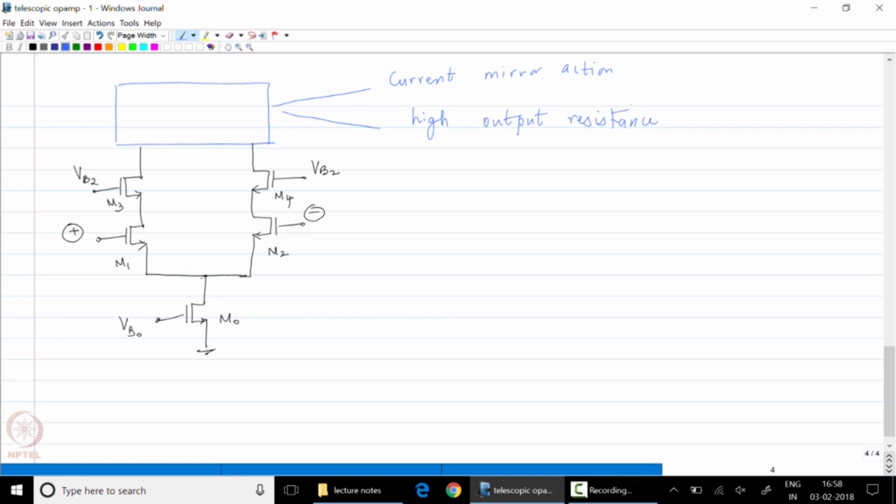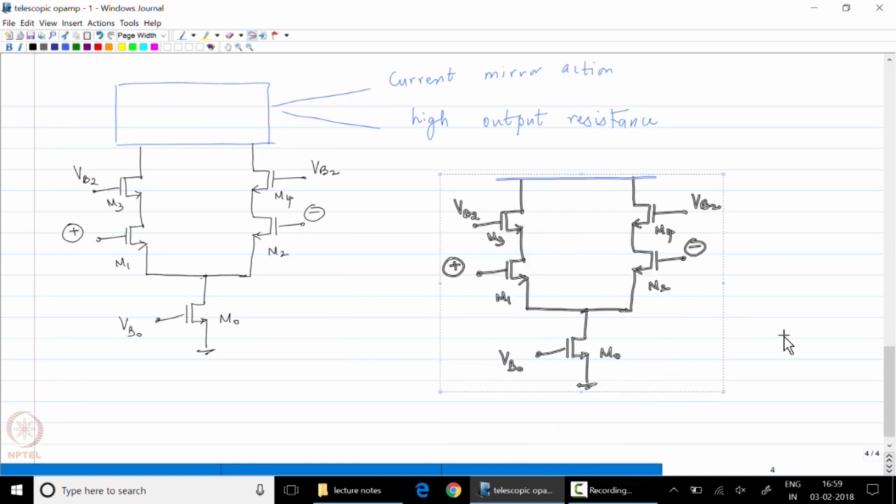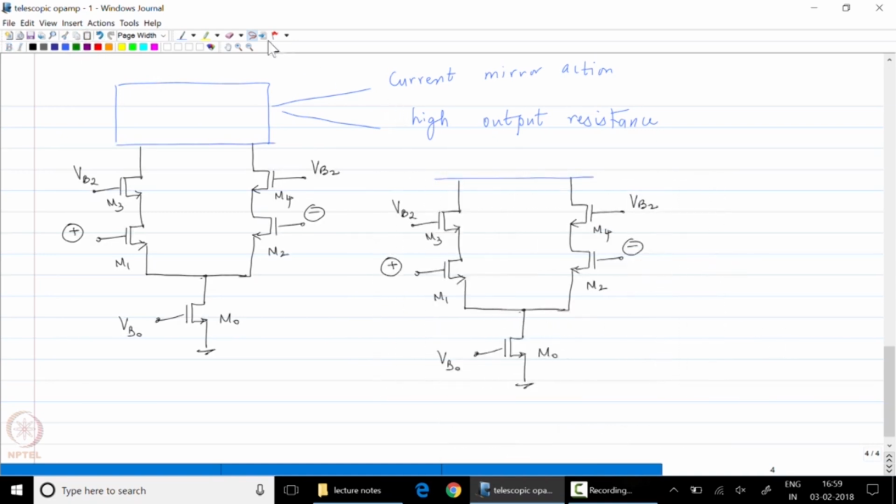And for example, let us take an example. If I were to take this circuit and connect up a normal current mirror, let us try that first. I'll draw that in blue.